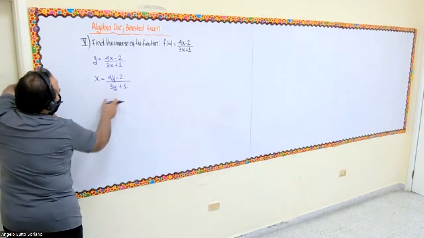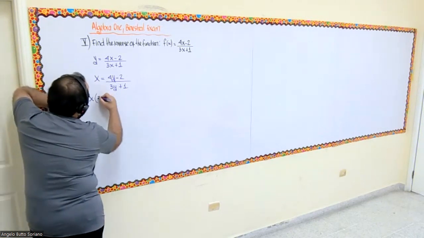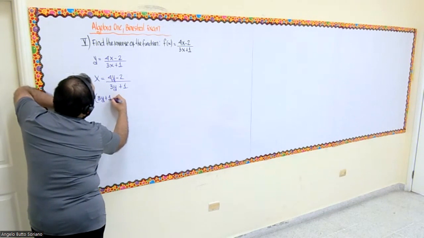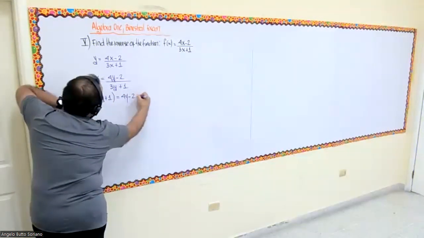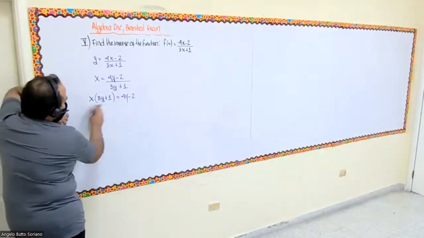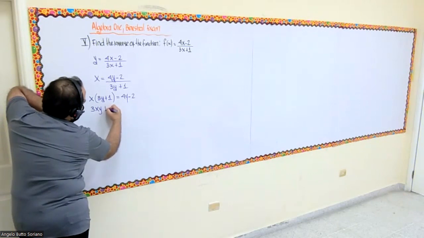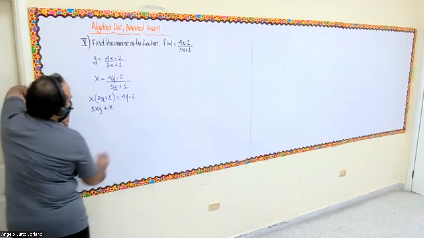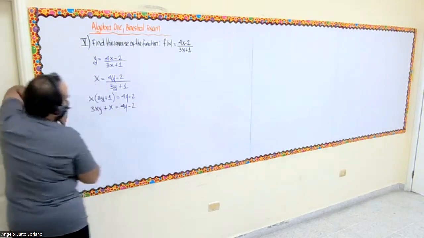This quantity dividing passes to multiply. I mean x times (3y plus 1) equals 4y minus 2. Distributive property, we got 3xy plus x equals 4y minus 2.